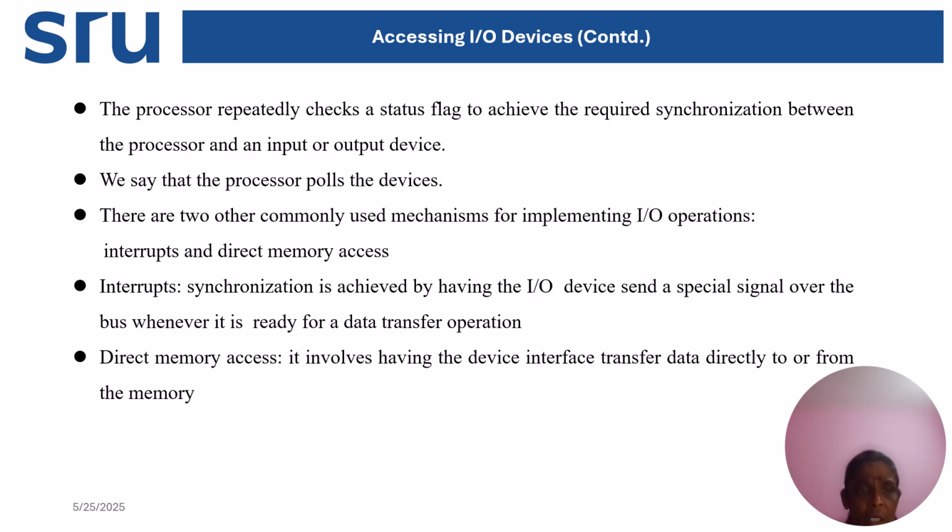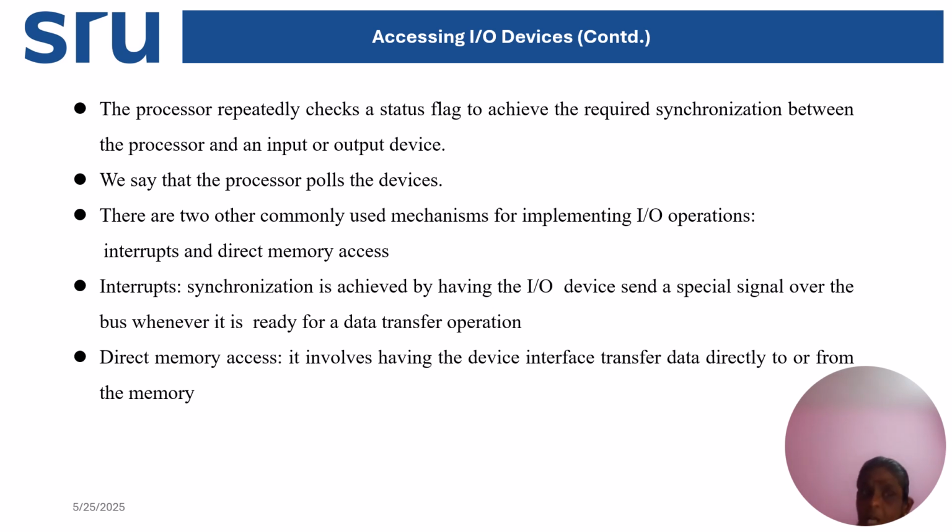Next, the processor repeatedly checks the status flags to achieve the required synchronization between the processor and an input or output device. So the processor should know what operation it has to do, whether input or output, and which device is putting in the request for service.